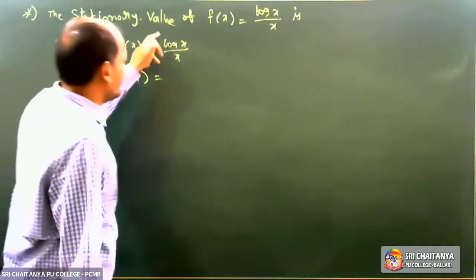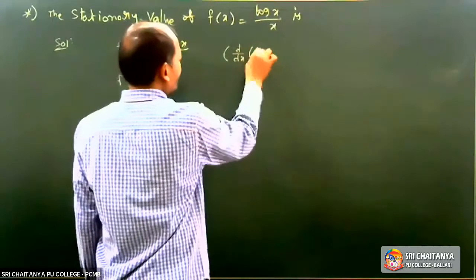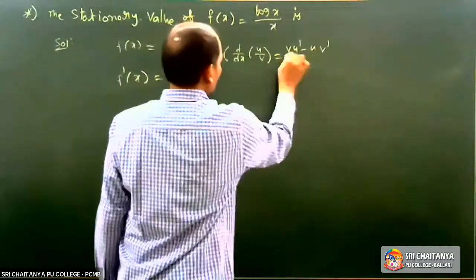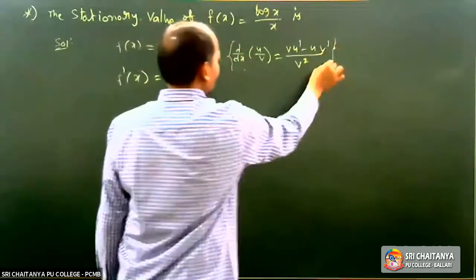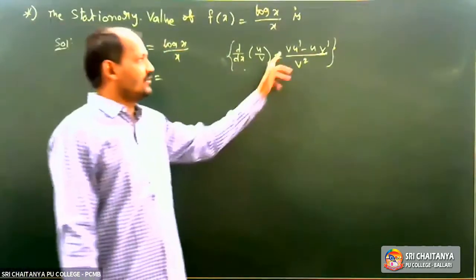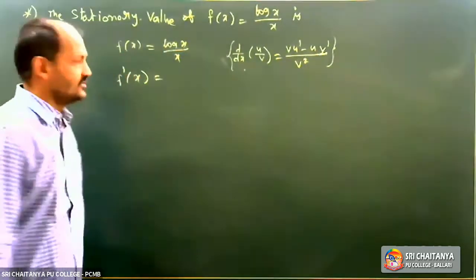It is a derivative of u by v form. What about the derivative of u by v? It is v u dash minus u v dash divided by v square.